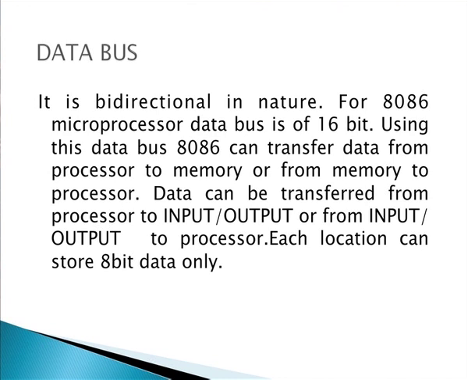For the 8086 microprocessor, the data bus is of 16 bit. Using this data bus, 8086 can transfer data from processor to memory or from memory to processor. The data can be transferred from processor to input output or from input output to processor. The important thing is that each location in the memory can store 8 bit data only.